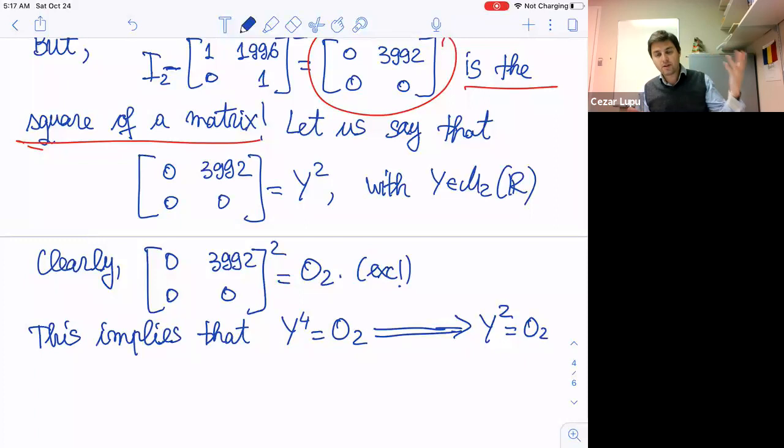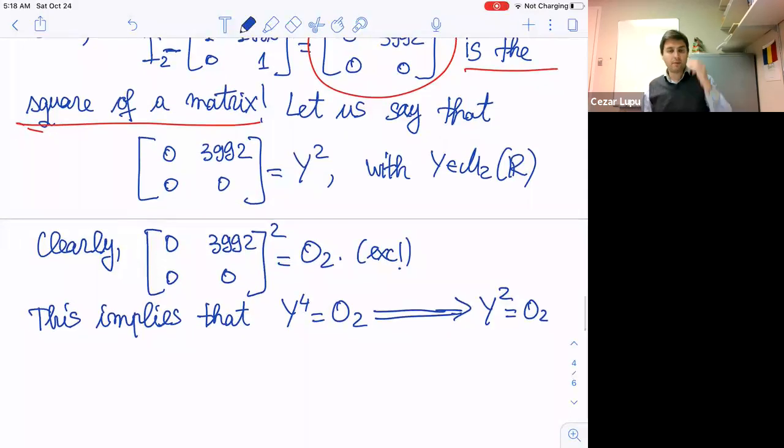We said that if there exists k such that a matrix to the power k is the null matrix, then a squared is the null matrix, provided that the matrix is a 2x2 matrix, with real or complex entries, it doesn't really matter. And we employed the Cayley-Hamilton relation repeatedly, in an inductive procedure. All right, so we will have that y squared equals 02.